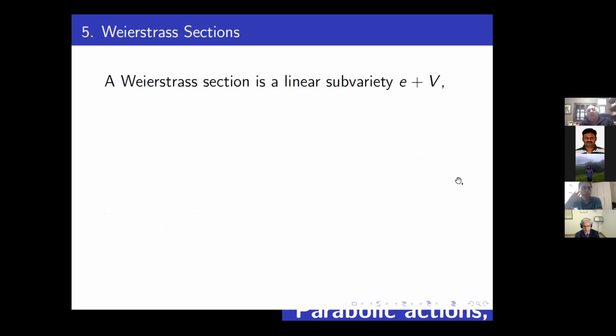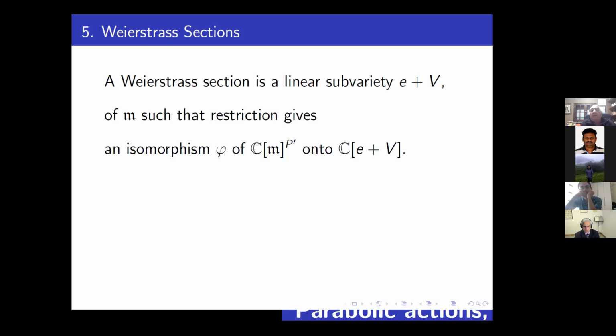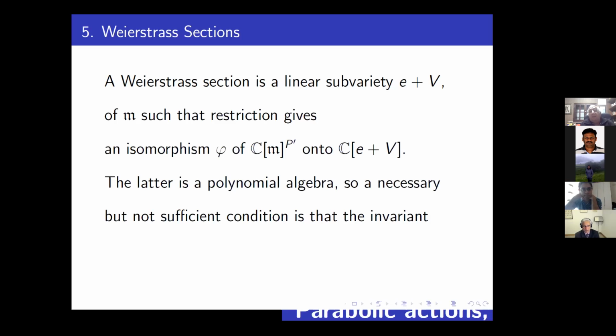So now let me go to the main subject of this talk, which is a Weierstrass section. So a Weierstrass section is a linear subvariety, E plus V, where E is a point and V is a vector space of M, in this case M, such that restriction gives an isomorphism of the invariant ring onto the regular functions of E plus V. Of course, the latter is a polynomial algebra, so a necessary condition, but it's not actually sufficient, is that the invariant algebra be polynomial.